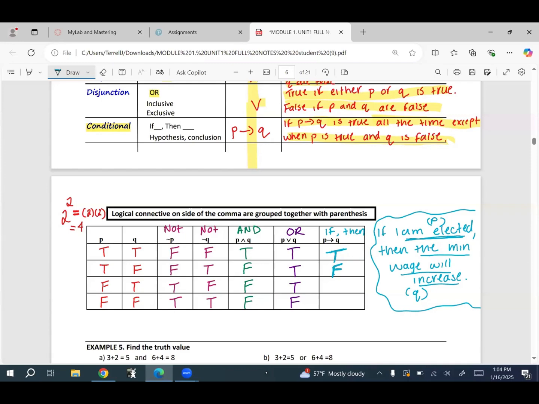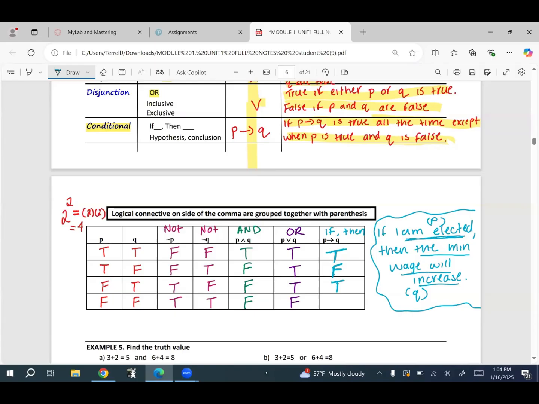Next one, P is false and Q is true. So if I am elected, now we're saying that's false. So what that means is the person did not get elected, but Q is true. The minimum wage still increased even though the person did not get elected. We call this true because at the end of the day, what do we care about? The fact that the minimum wage still increased.